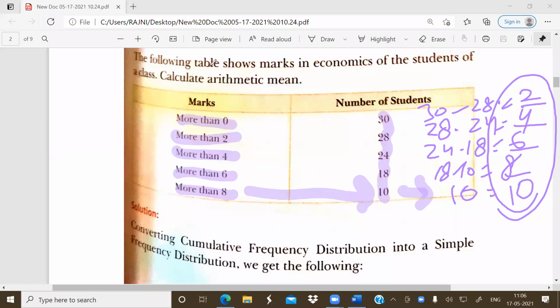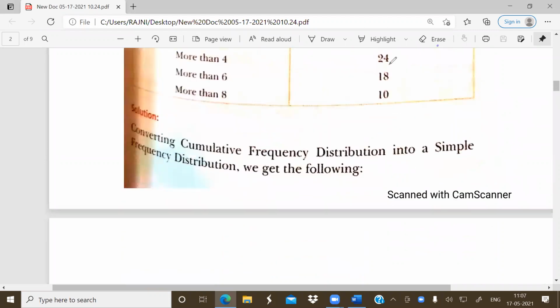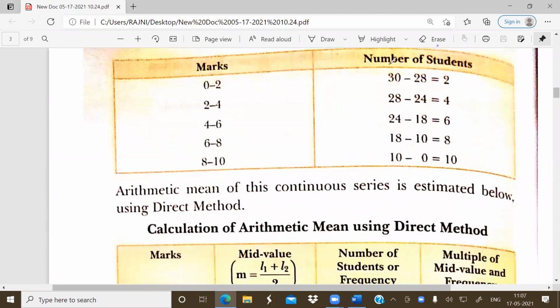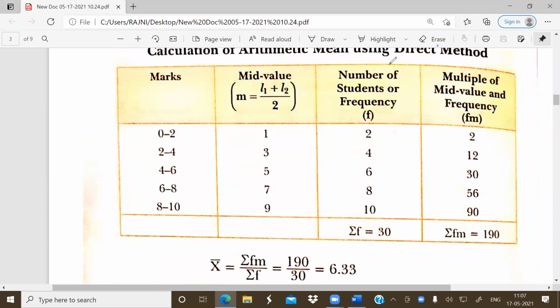And what will be the class intervals here? 0 to 2, 2 to 4, 4 to 6, 6 to 8, and 8 to 10. This is the simple way to calculate the original frequency. And after that, the same process will be followed. From the class intervals, the mid value will be calculated.